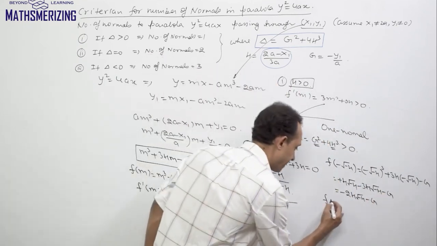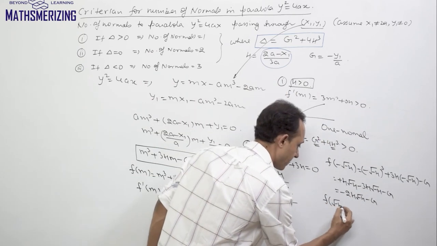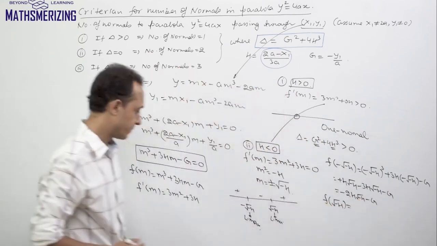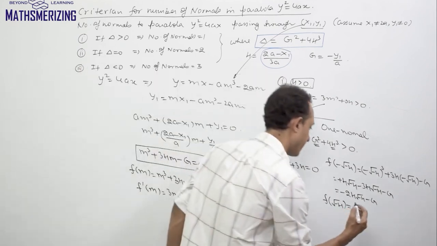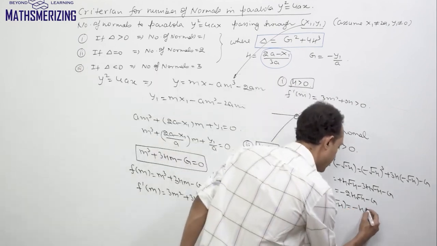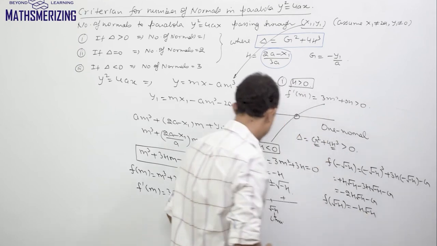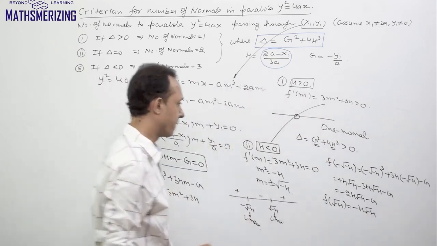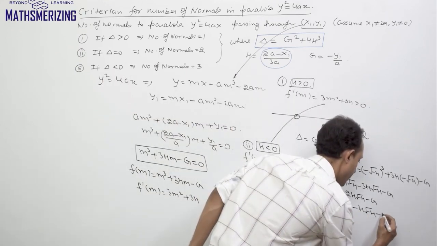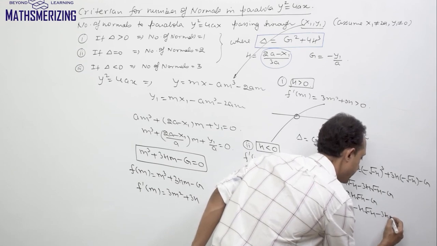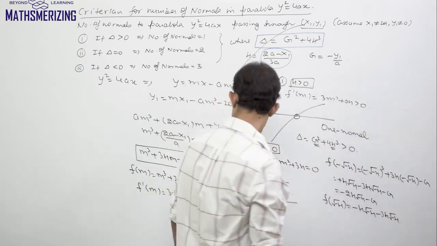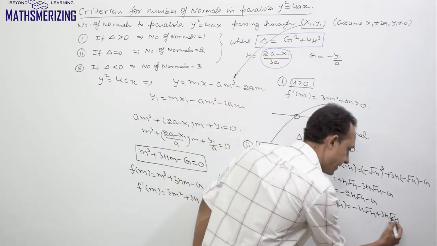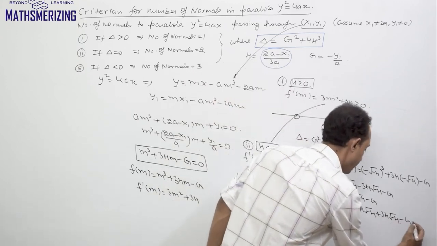If I find f at under root of minus h, if I put f at under root of minus h, I'll get minus h into under root of minus h, and here it'll be minus 3h under root of minus h plus 3h under root of minus h and then minus g.